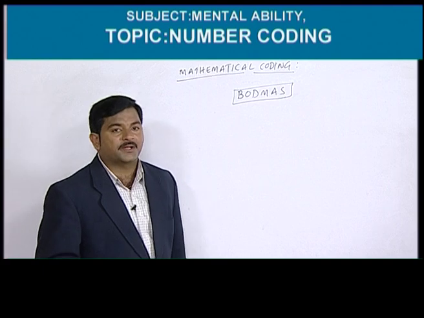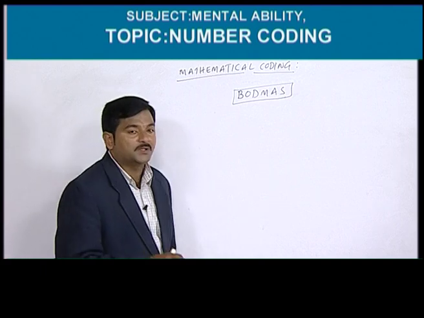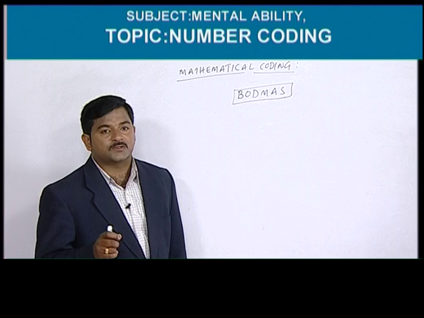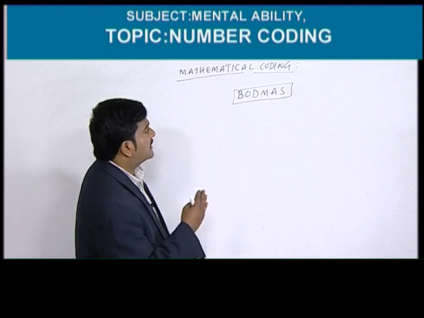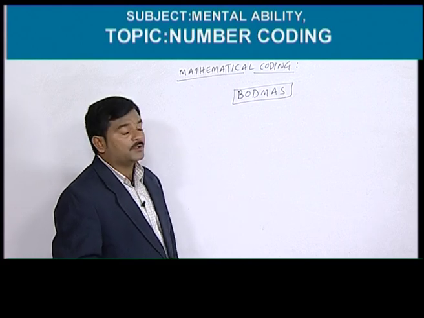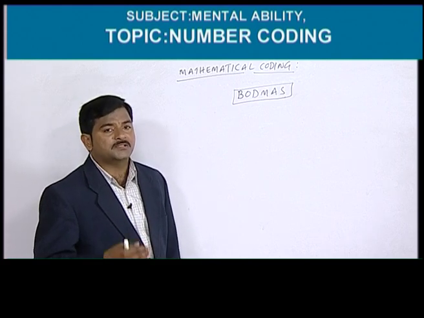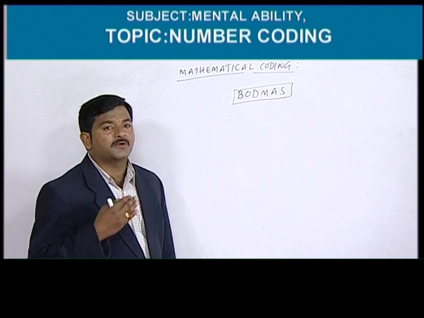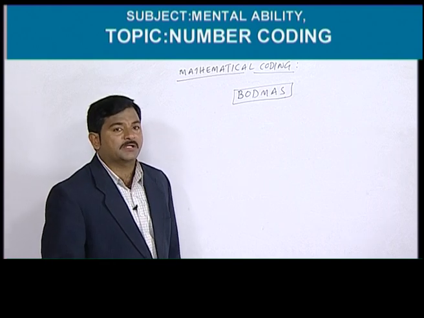In mathematical operations we will discuss the BODMAS rule in detail. But right now we will just have an overview of this mathematical coding. 1-2 problems we will discuss, then the remaining problems or different models we will discuss in the mathematical operations part.